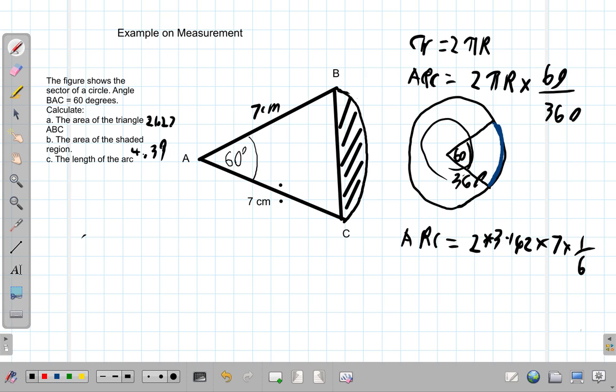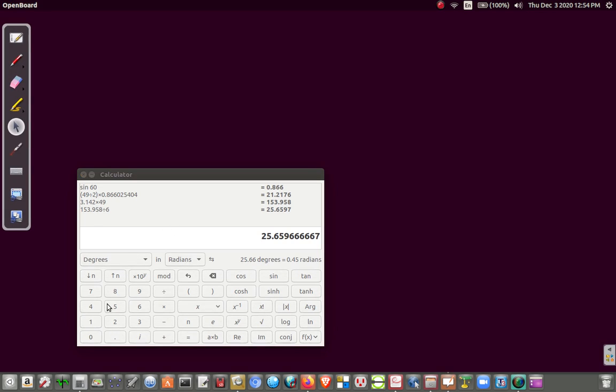Again, we know that it is 1/6. So let's multiply the 2 by 7, which is 14, so it's 14 times 3.142 times 1/6, which is the same as divided by 6.